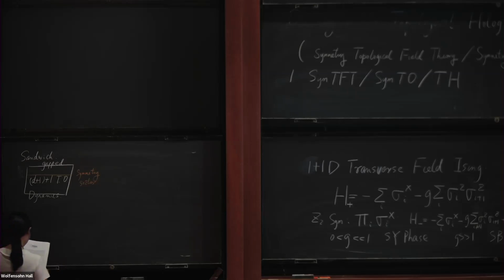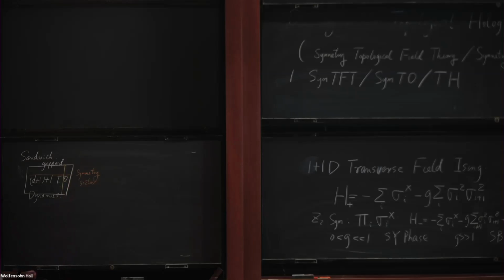And then the vertical string operators will have non-trivial commutation with these labelings, so they can toggle between either the charge sector or the flux sector.